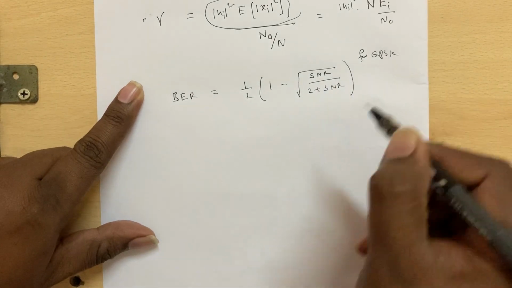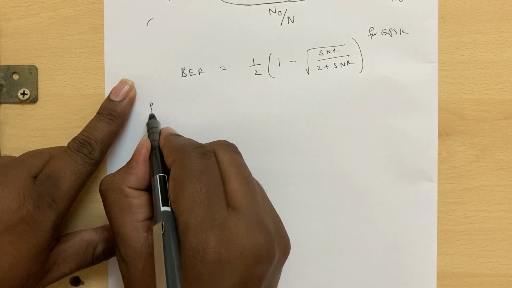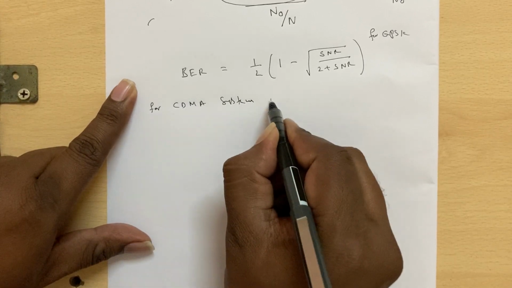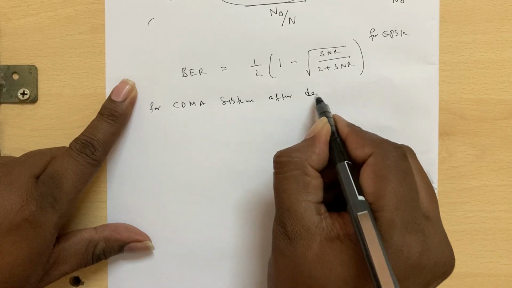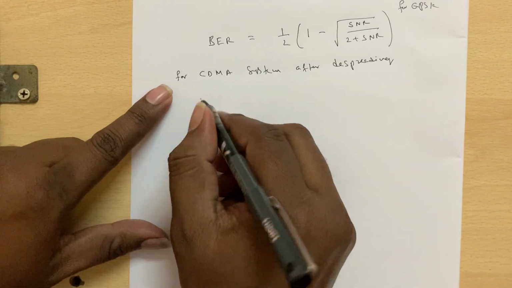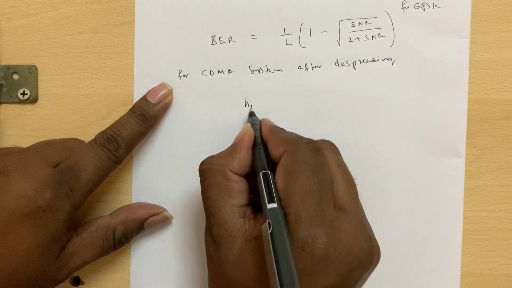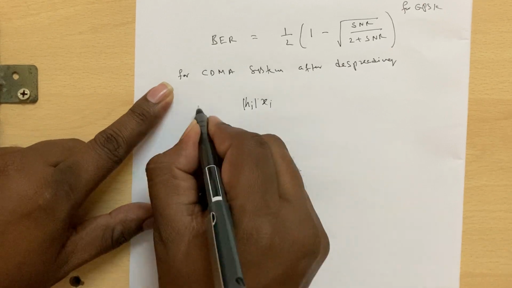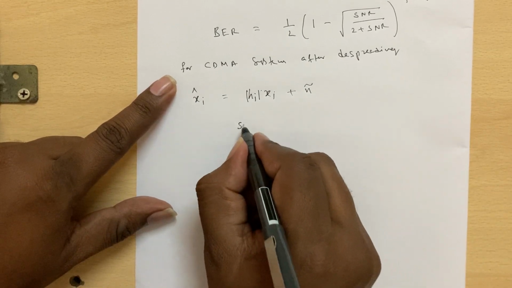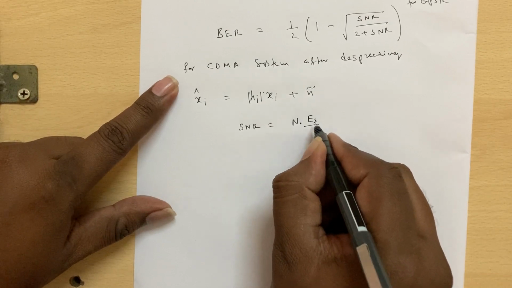For the CDMA system, after despreading, the equation reduces to a flat fading channel form, that is mod h_i into x_i, the x_i estimate, plus n tilde. There the SNR was N times E_s by N0.